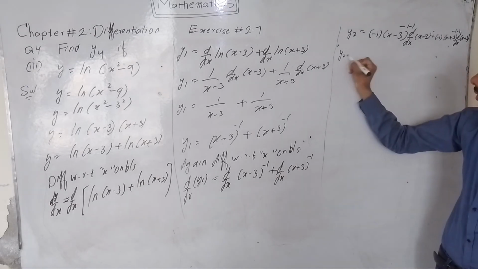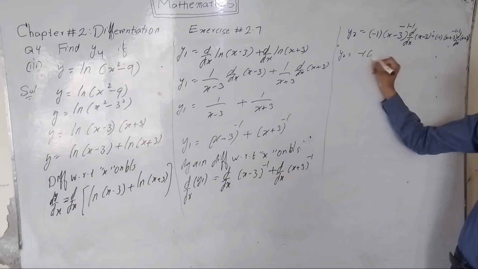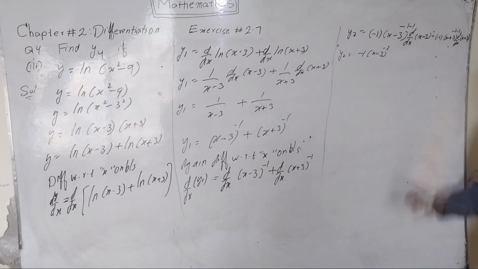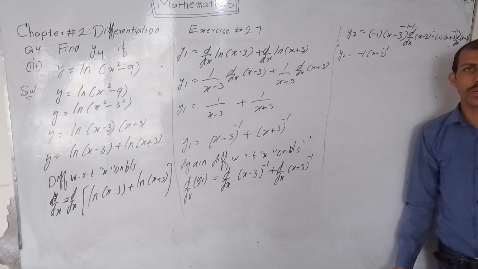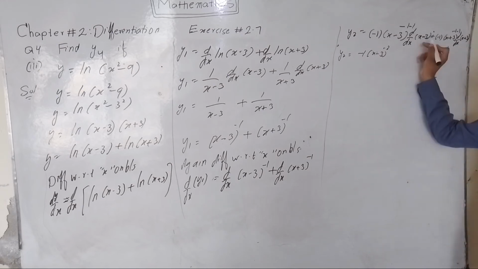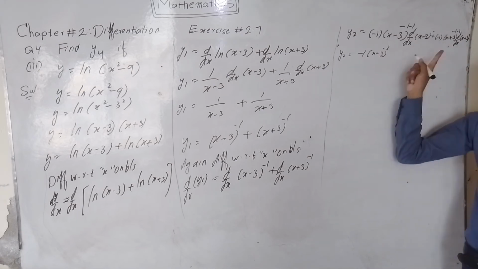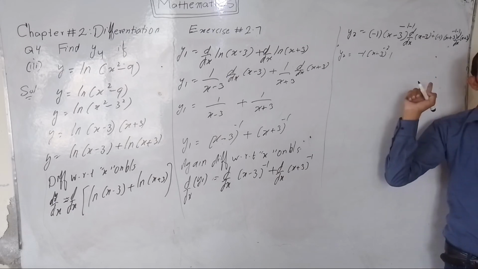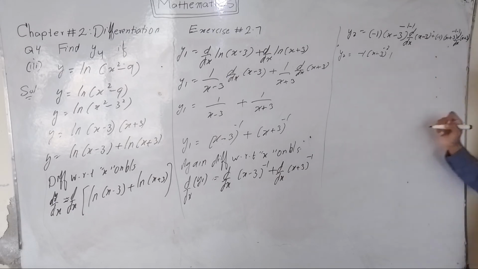So y2 is equal to minus 1 into (x minus 3) whole power minus 2. Minus 1 minus 1 is equal to minus 2. Derivative of x with respect to x is equal to 1, minus derivative of 3 with respect to x is equal to 0.